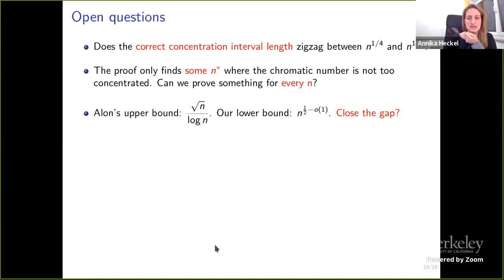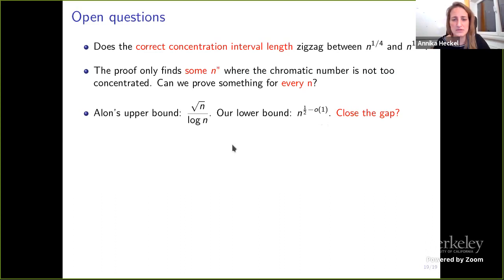So next up, if we go to the very edges of the conjecture, we have an upper bound for the concentration interval length, which is root n over log n. Now our lower bound is of the form n to the 1/2 minus little o(1), where the function little o(1) tends to 0 kind of slowly.